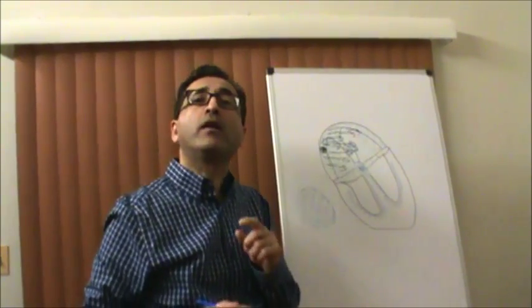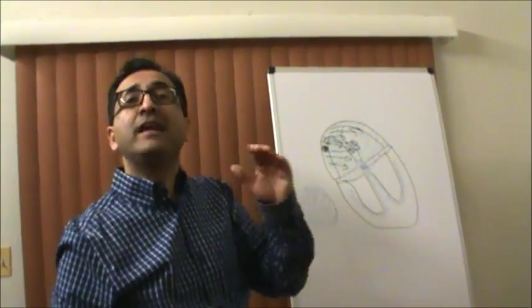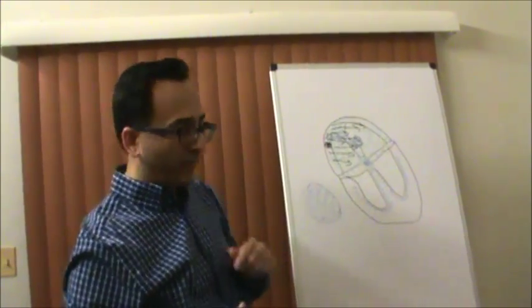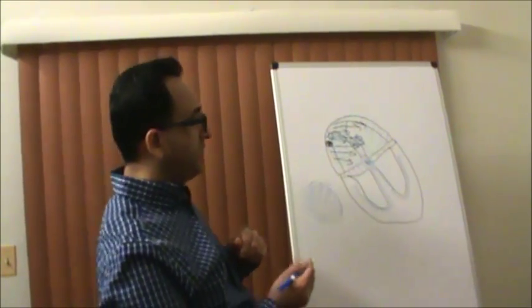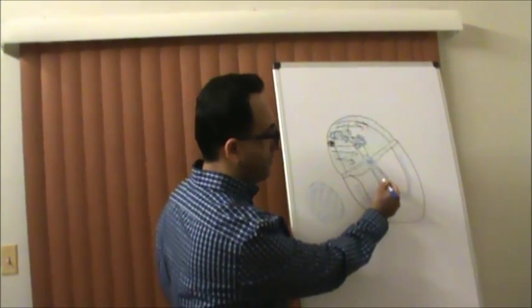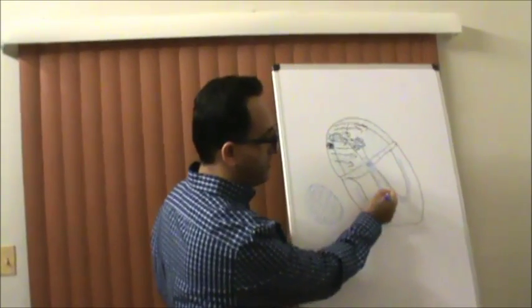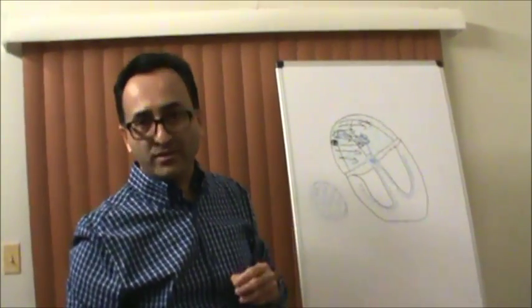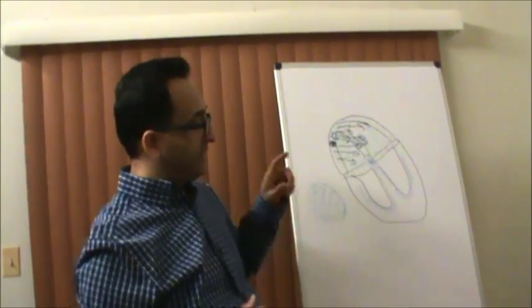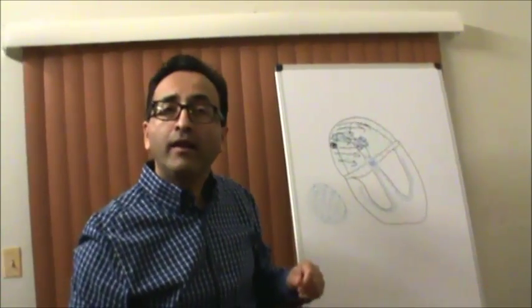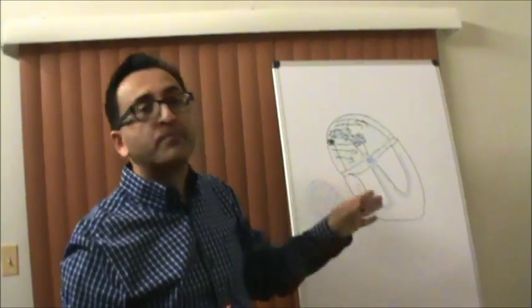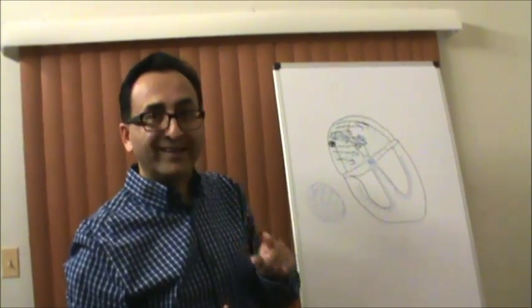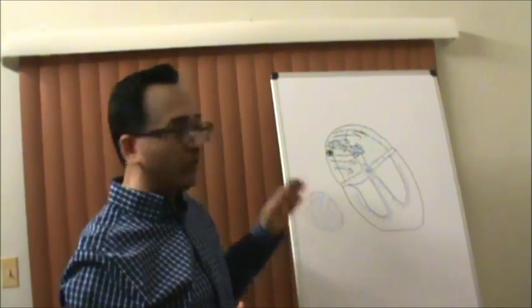Now, in the ventricular depolarization, there are three aspects. First and foremost, the septum of the ventricle gets depolarized. Now, the septum of the ventricle is depolarized by the left bundle branch. Make a note of it, left bundle branch, and not the right bundle branch.